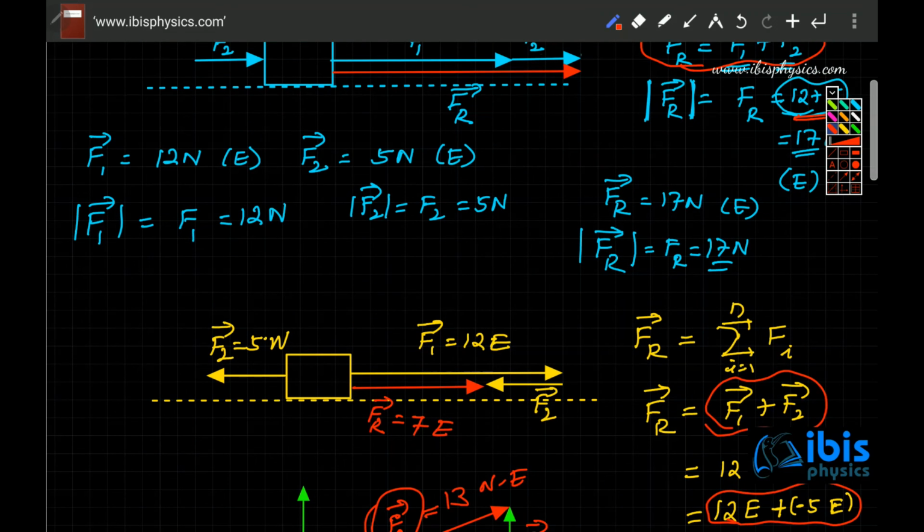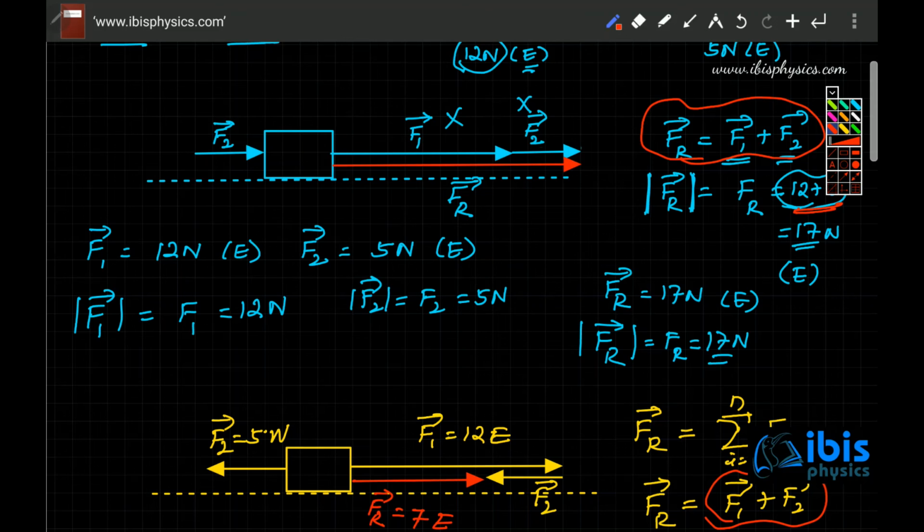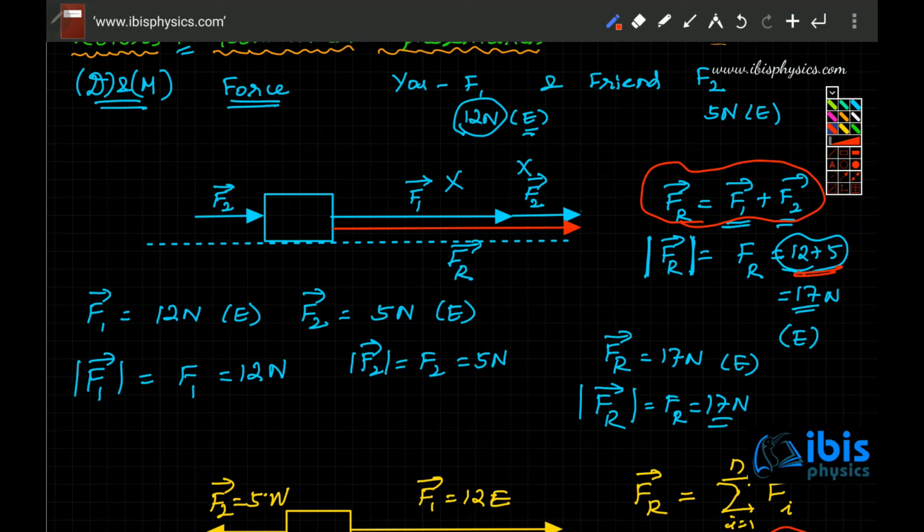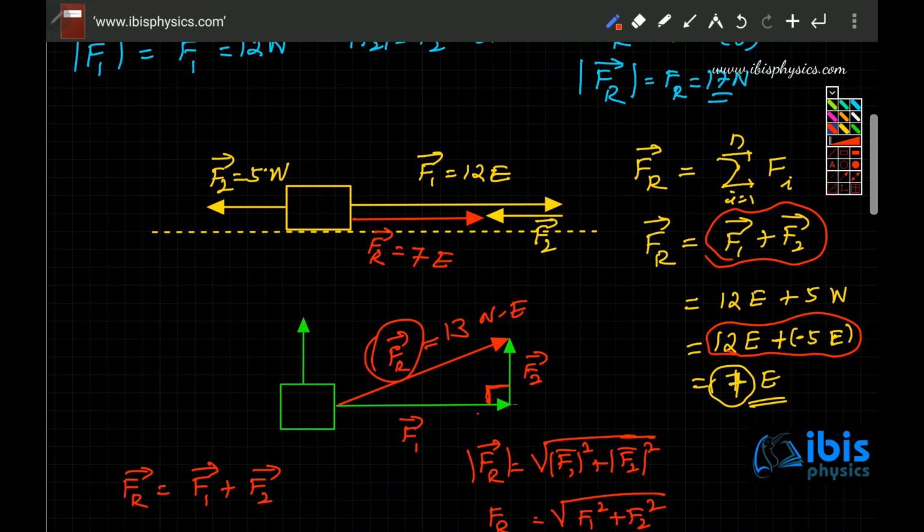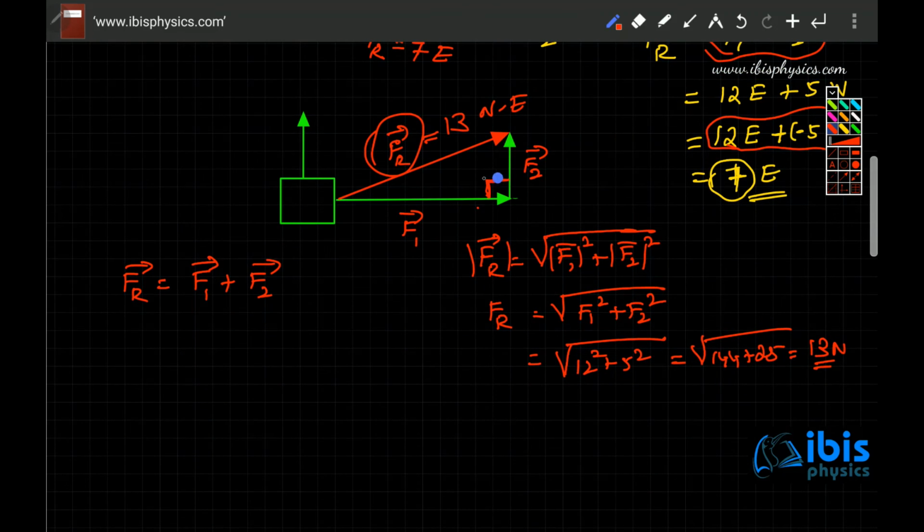When the vectors are parallel, the total magnitude is the algebraic sum. When the vectors are anti-parallel, the vector sum of the two vectors is the difference in magnitudes. And when the vectors are orthogonal, we will use the Pythagoras theorem to find the resultant of the vector. In general, these are all specific cases.